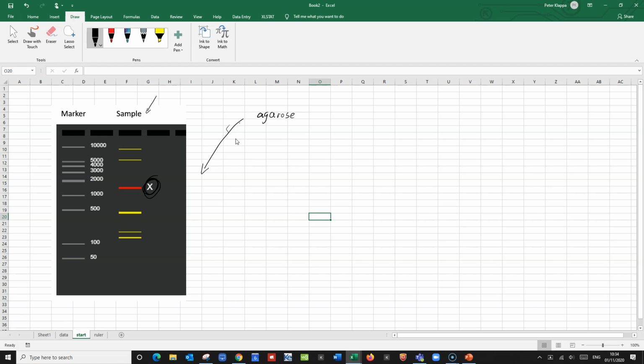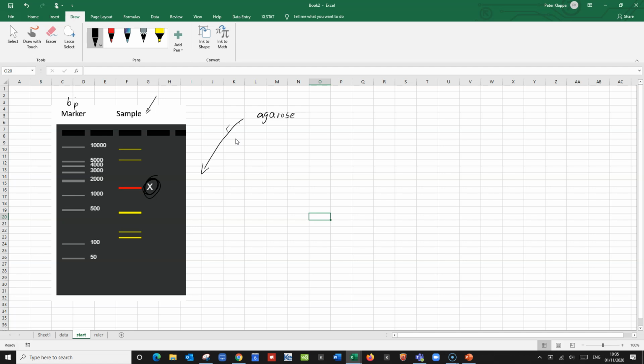So we've run our sample on an agarose gel, and together with our sample, we also used a marker which gives us well-defined DNA fragments. And these fragments here are, for example, in base pairs, because it's DNA.